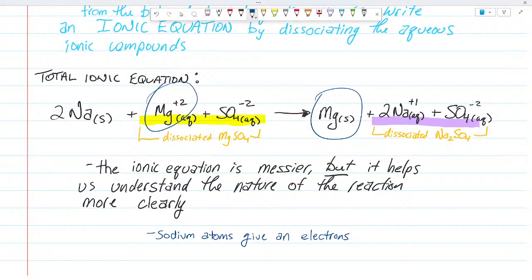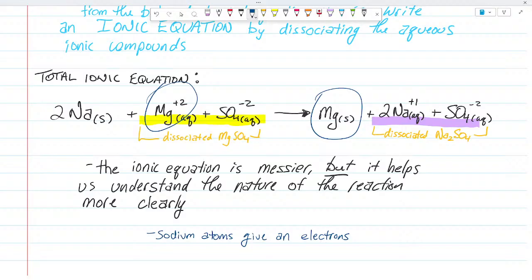Sulfate already had those electrons. It had to kick out magnesium. And to kick out magnesium, it had to give it electrons. Does that make sense? So the ionic equation shows us what's actually happening in the reaction, which is interesting.